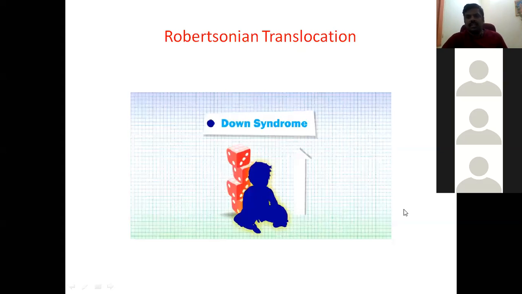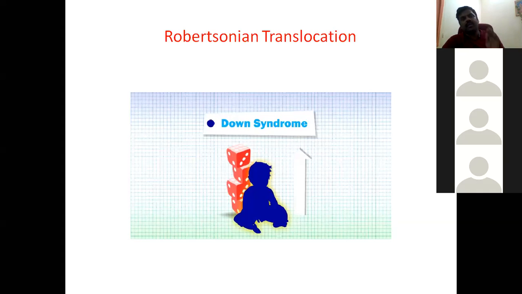So when you see a translocation carrier, the father or mother being a translocation carrier, the child will get a chromosome from both the father and the mother. Suppose a father is a translocation carrier of 14;21 chromosome. So it has the 14 chromosome and the 21 chromosome.